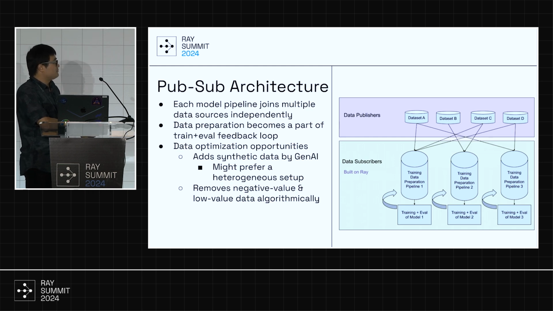One specific benefit is that we can use GenAI to generate synthetic data as a data augmentation approach, but this requires a heterogeneous setup, and Ray is very good for this purpose. On the other hand, we can also remove some negative value or low value data. I'll explain it later in another slide.